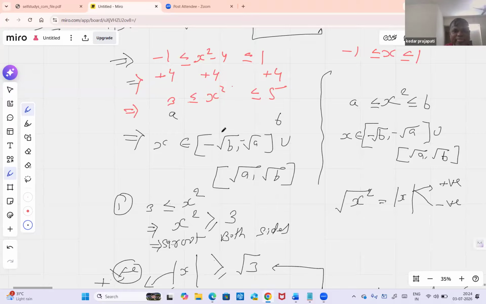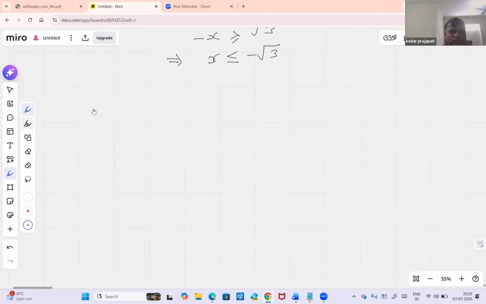Okay. Now x square is less than or equal to 5. Solve this also. I'm doing the rough work now. x square is less than or equal to 5. It means what? Take square root.